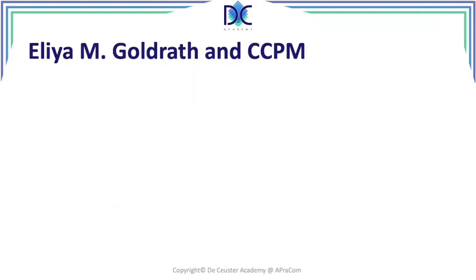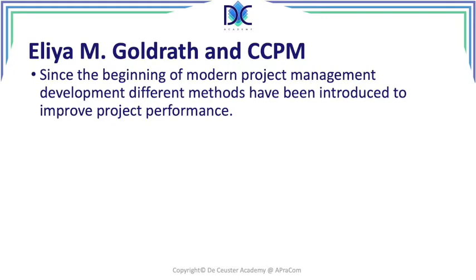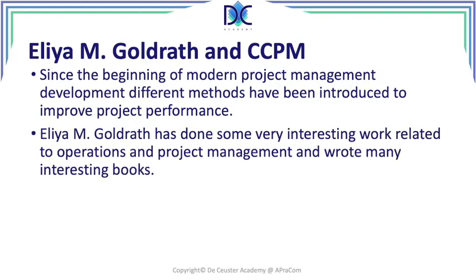Now, basically, the critical chain method was developed by Eliyahu M. Goldratt in his book Critical Chain, and it looked at different ways, in fact, to improve project performance. Mr. Goldratt has done very interesting work related to operations and project management, and he wrote very interesting books which I would recommend to read.